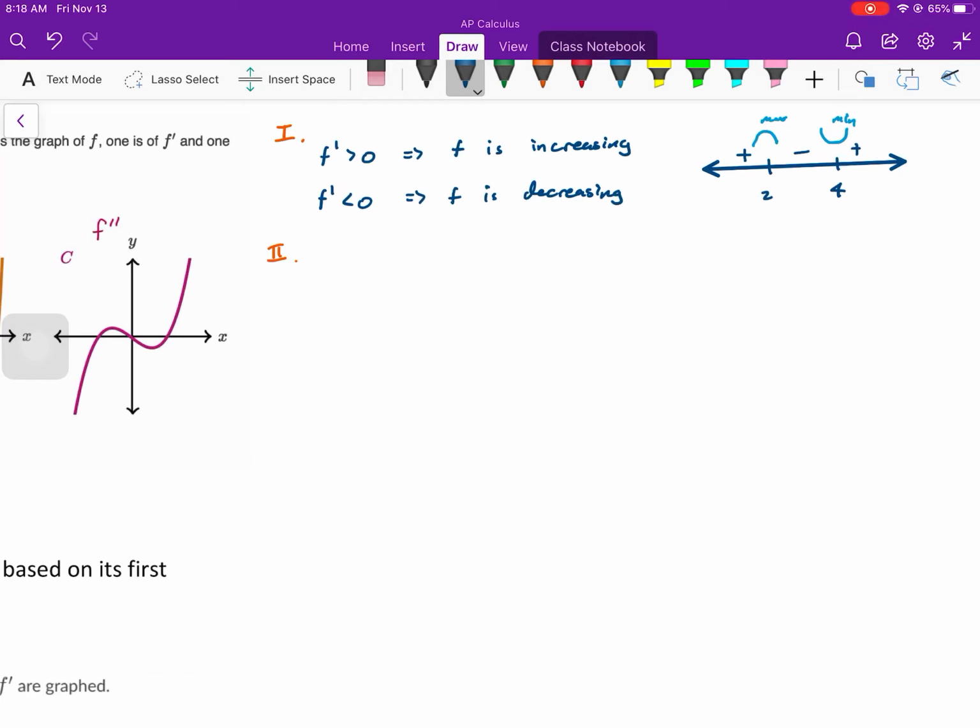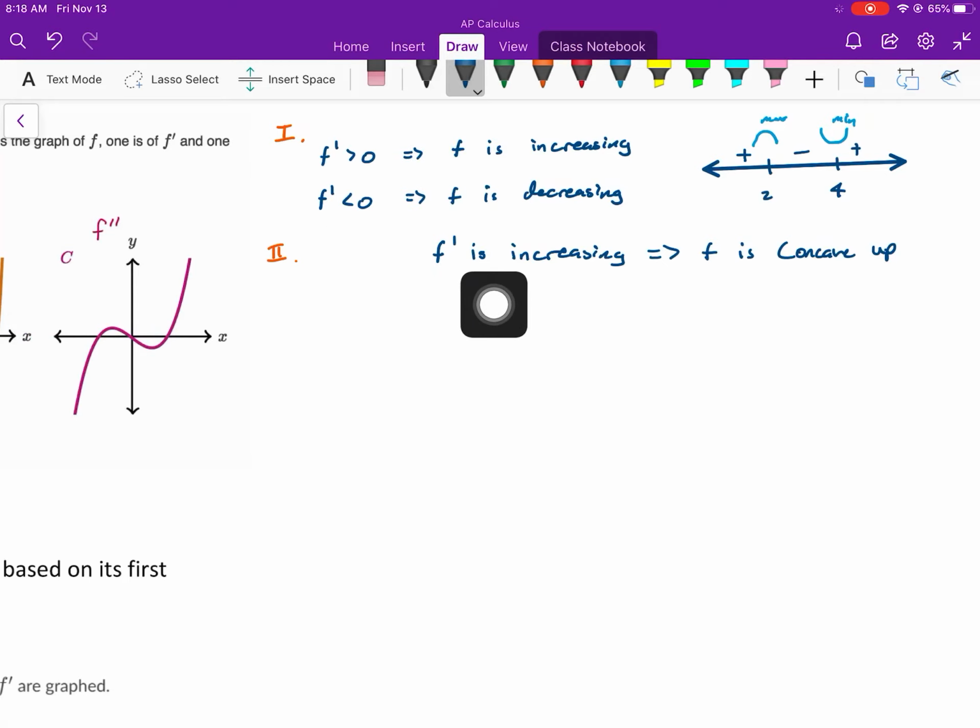If f prime is increasing, then that tells us that f is concave up.